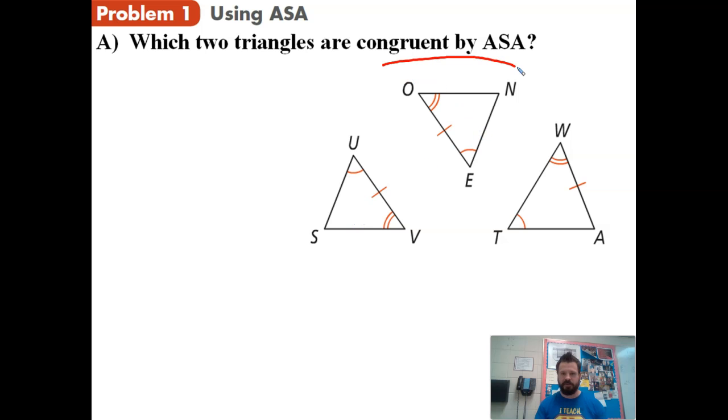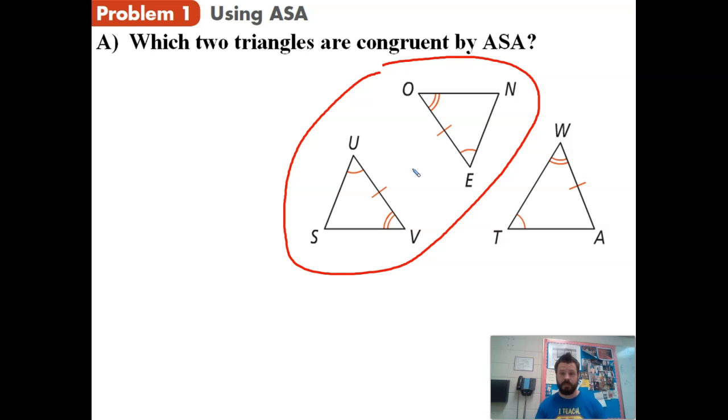They're going to match by angle-side angle. They both have angle-side angle, angle-side angle, with the side included between the angles. Whereas the third triangle, we do have two angles, but notice the side is not included between them. It's on the outside of those two angles. So that's why this one works.